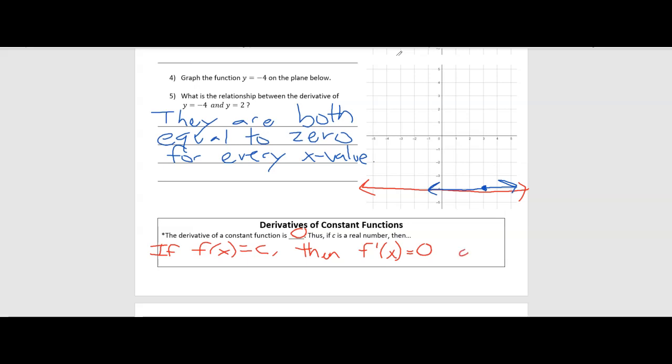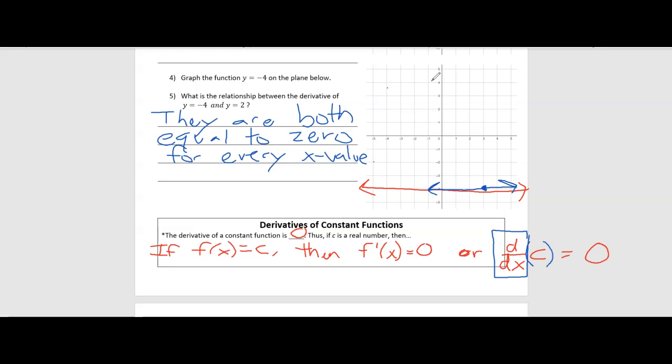Another way to write this is to say, and this is notation we haven't seen before, d dx of c is equal to 0. This d dx is just known as a derivative operator. It means take the derivative of whatever is next to it.